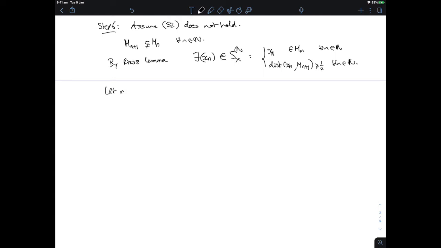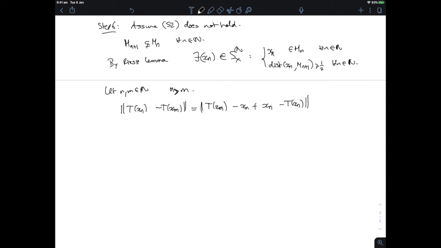Now take an n and an m, natural numbers, assume that n is greater than m, and look at Txn minus Txm. Now we can rewrite this as Txm minus xn plus xn, and then minus Txn.